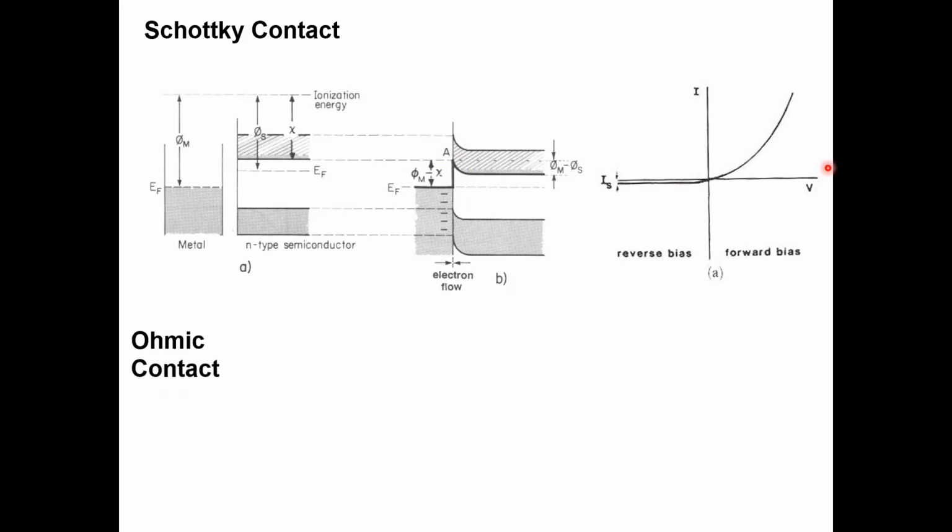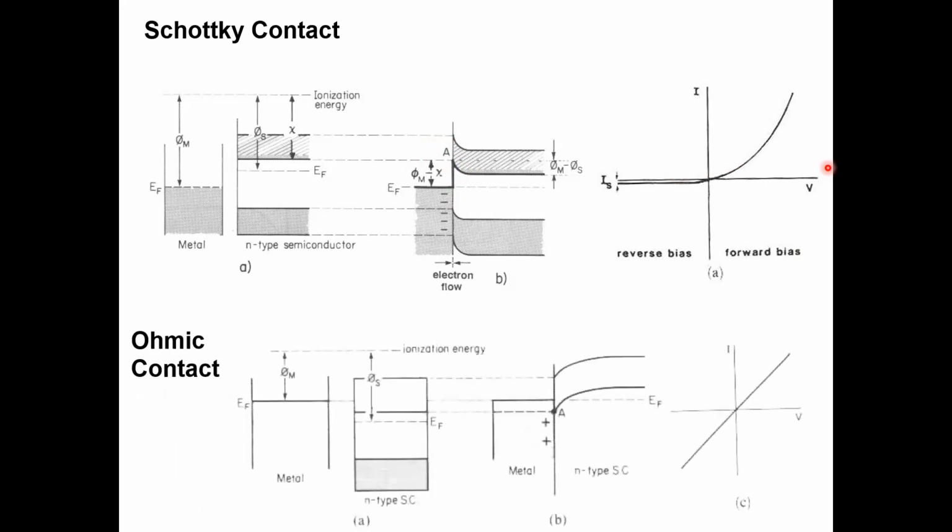On the other hand, if you're trying to do electrical measurement, you have to make ohmic contact, and ohmic contact is created by the reverse. So in that case, the Fermi energy level of the metal would be higher, the work function, I should say. Sorry about that. The work function of the metal has to be at a higher level than the work function of the semiconductor.